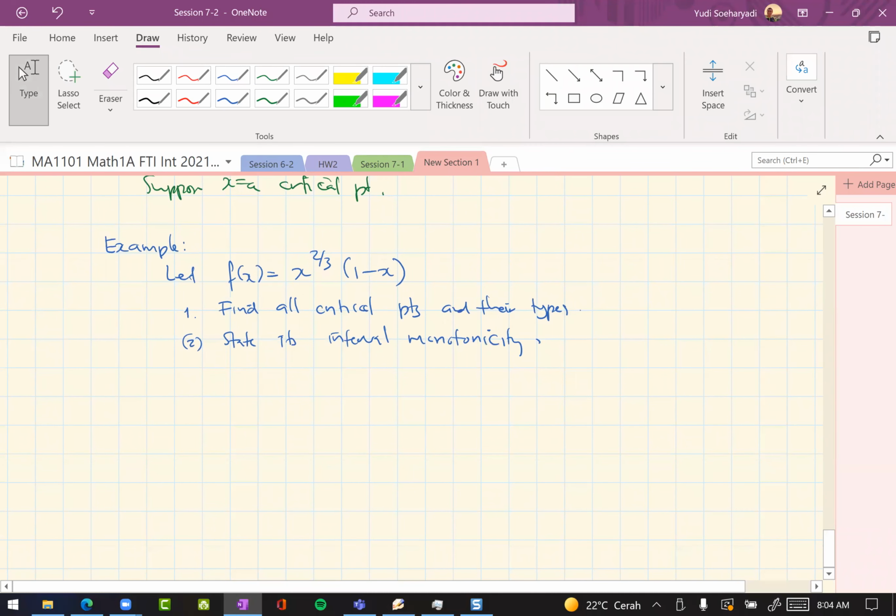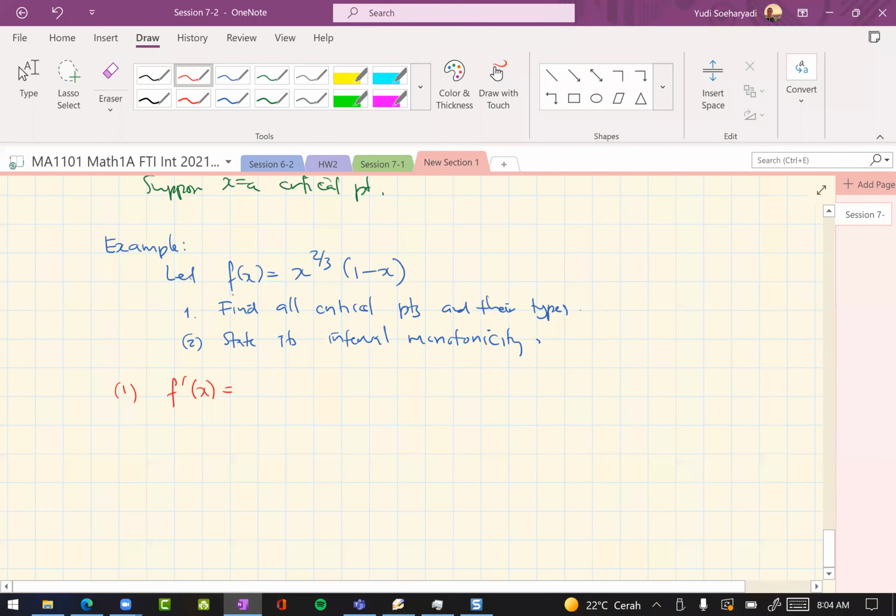Okay, so let's do this one. Let's find the derivative. This particular example has some rational power, so we'll see what this rational power has to do with it.